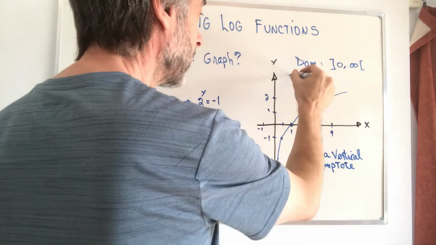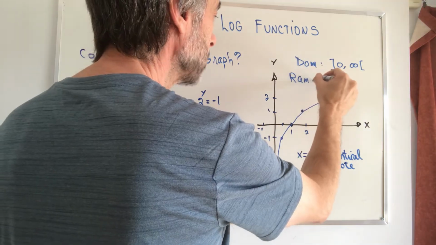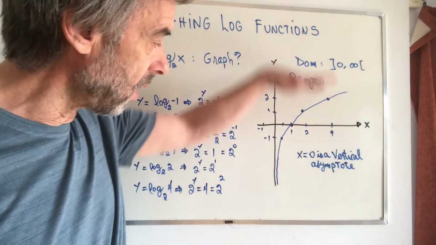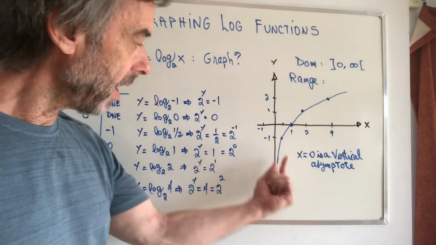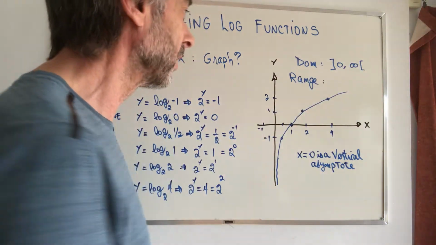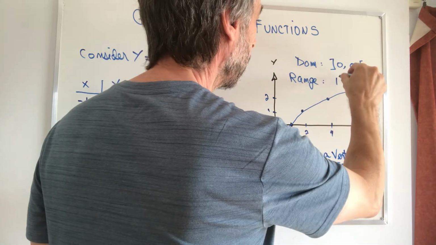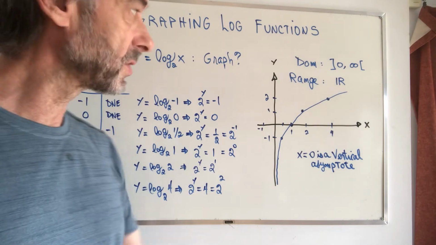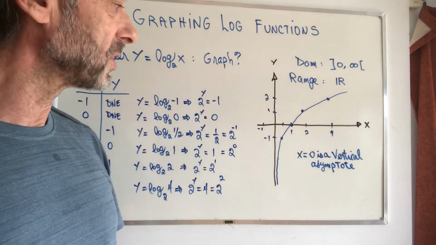As for the range, I don't really usually care so much for the range, but let's mention it in passing. This is all the y values, and this goes to -infinity, and this keeps on increasing forever. So this is all the values of y in the real number system.